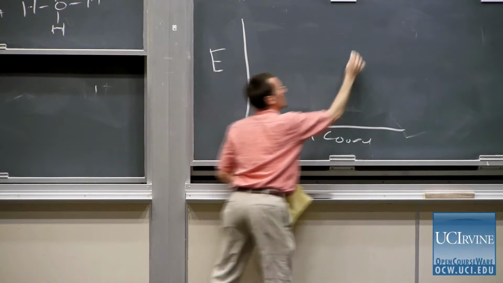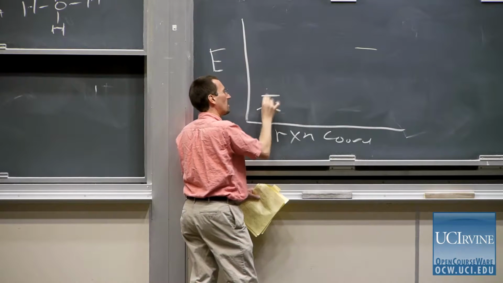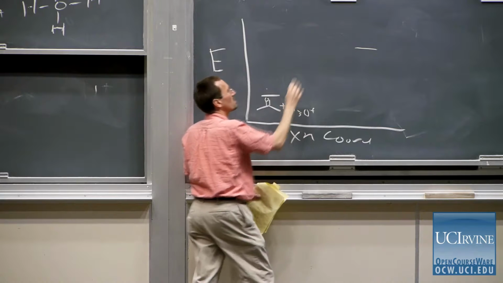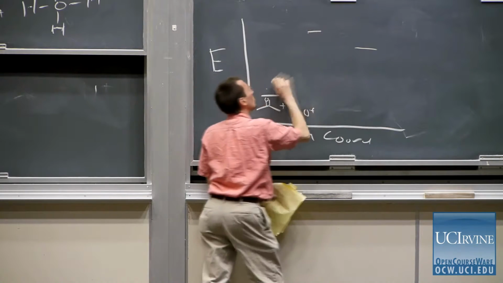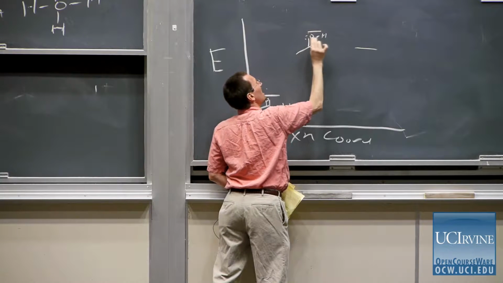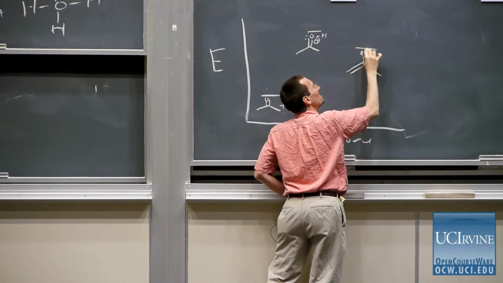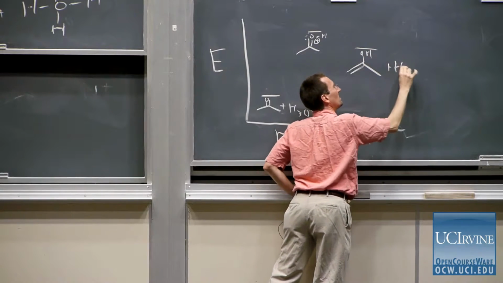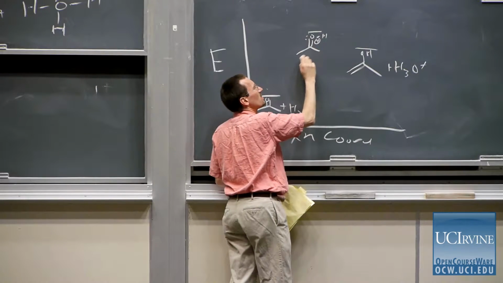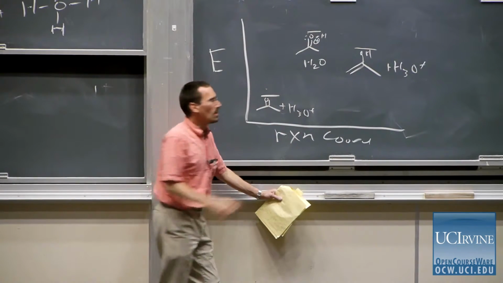When you have a reaction like this, where we're going from reactant, from our acetone plus H3O plus to our protonated acetone, and then to the enol, and technically, if I'm writing this out correctly, this is acetone, protonated acetone plus H2O.